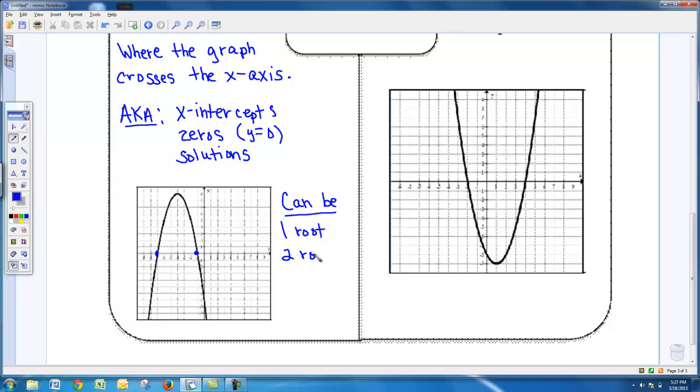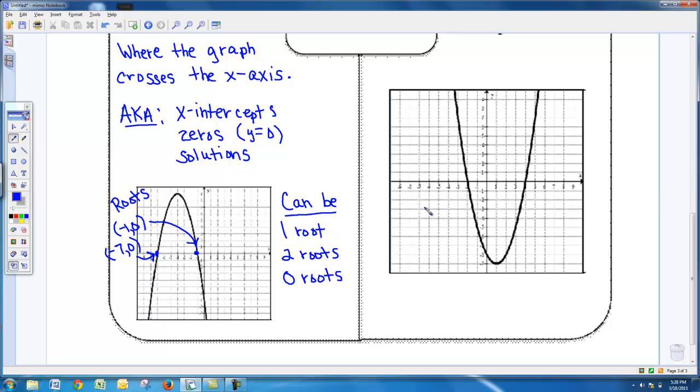It can have two roots, meaning it touches the x-axis two times, or it can have zero roots, meaning it doesn't touch the x-axis at all. This particular parabola has two roots. And the coordinates of its roots would be -1, 0. That would be this point right here. And -7, 0. That would be that point right there.